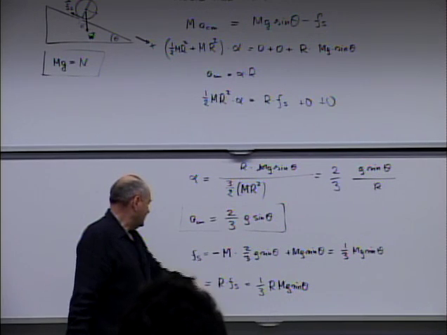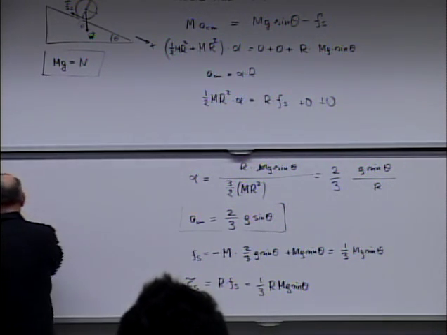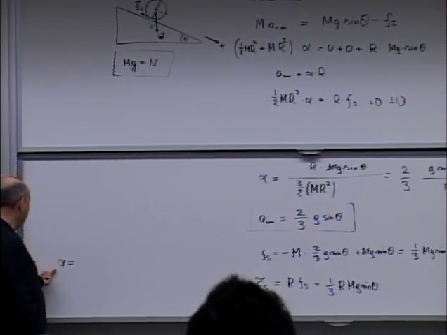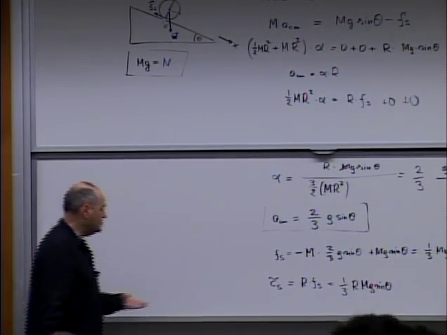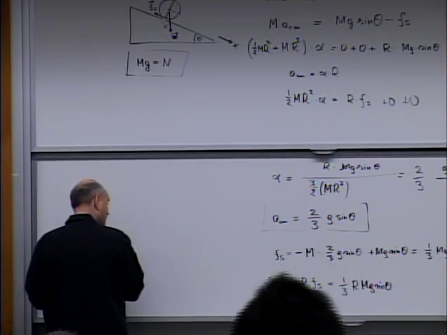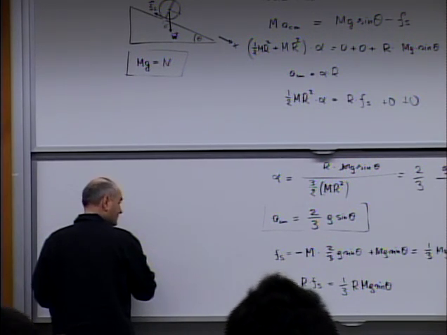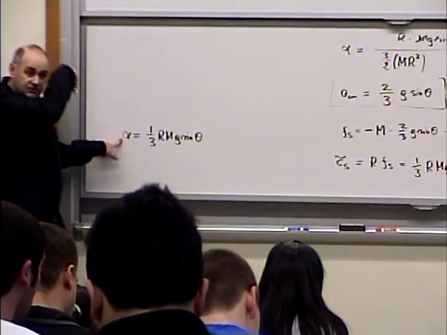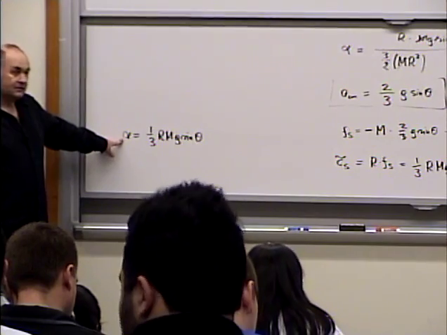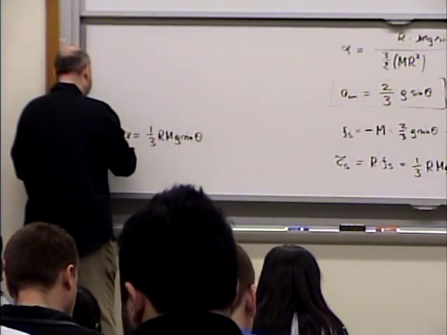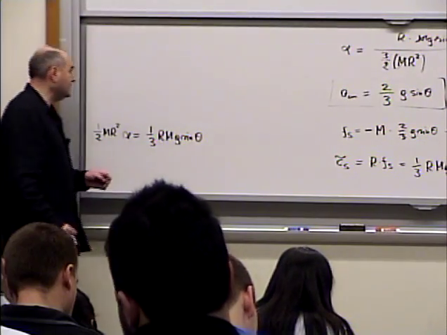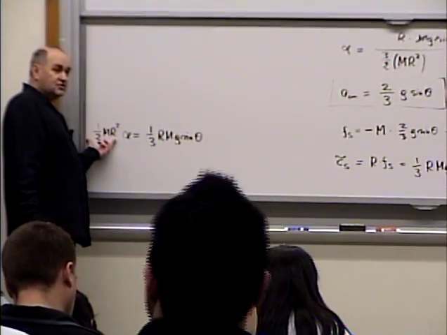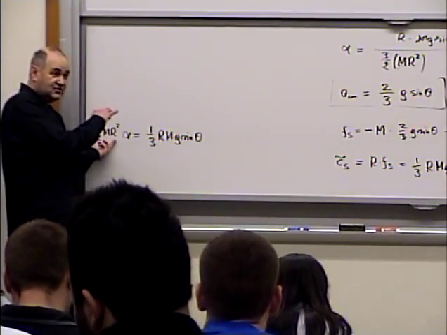Now, what should be then angular acceleration of the disk? I have to multiply it by the appropriate moment of inertia, and I should get that this is the net torque. What should be moment of inertia? Correct, 1/2 mr squared, because it is the moment of inertia about an axis passing through the center of mass.